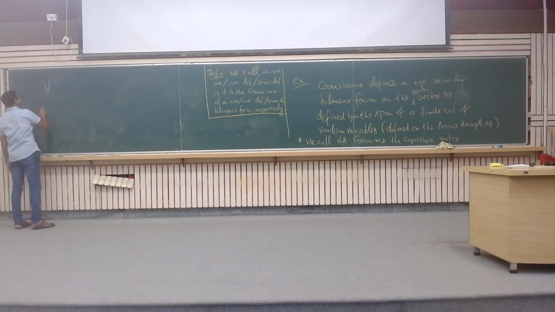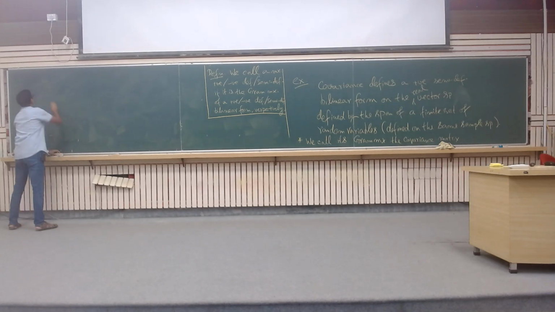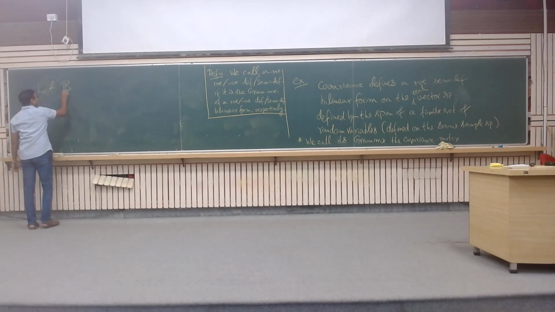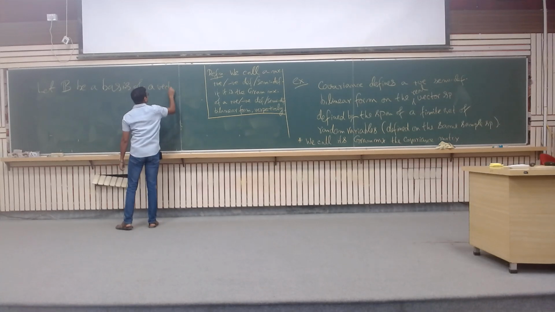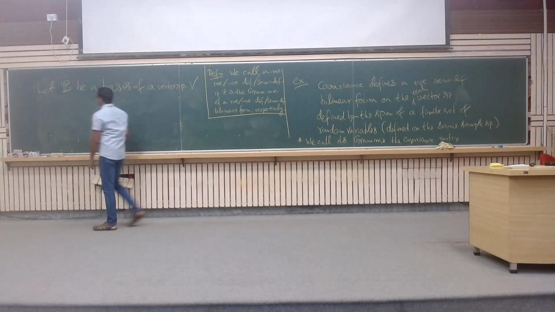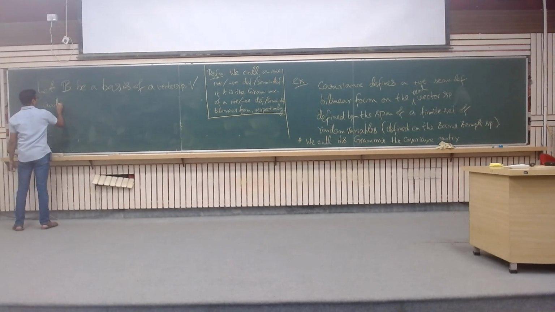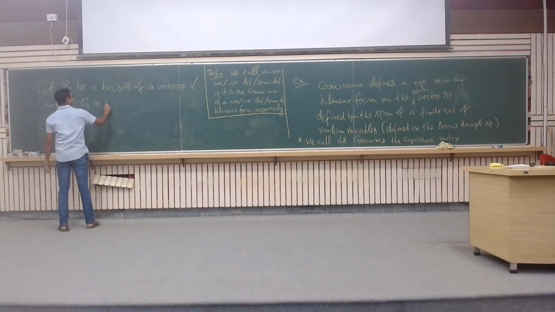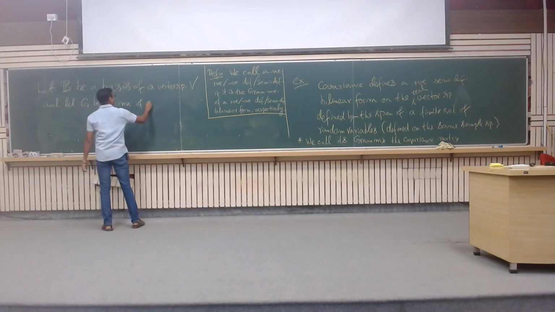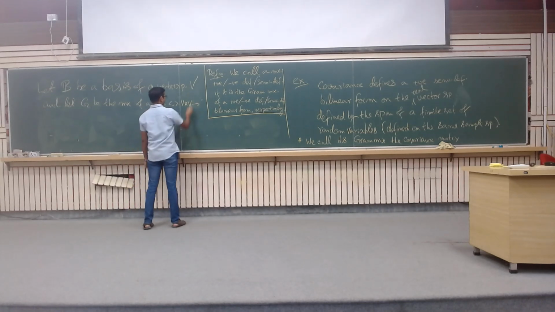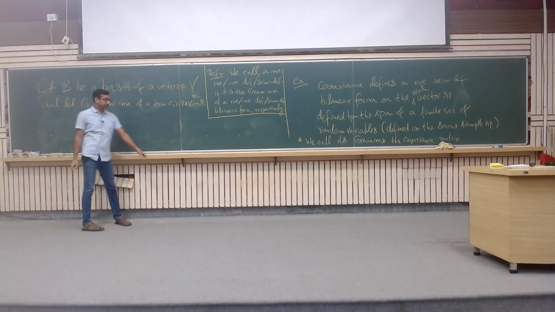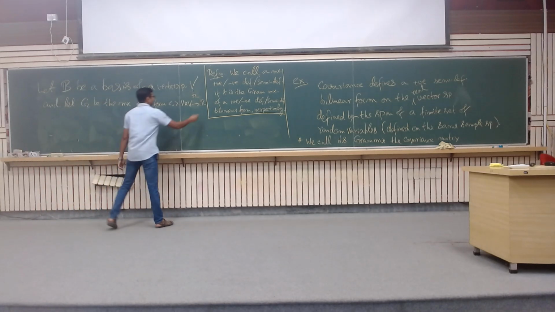Suppose B is a basis of a vector space V, and let G be the matrix of a form defined on V. Suppose this is a real vector space, and the form is from V cross V to R, and G is the matrix of this form.